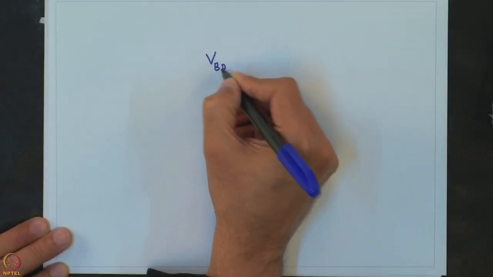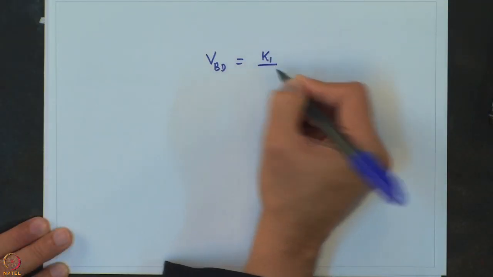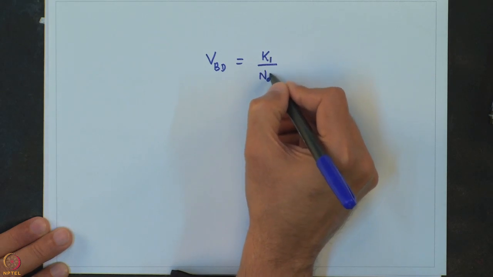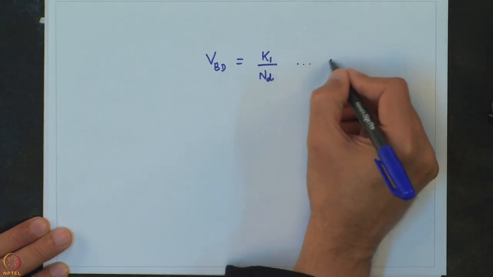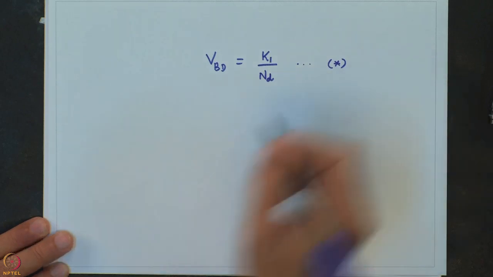Now, let us consider a special case where the P side of the PN junction is more heavily doped compared to the N side, which means that NA is much larger than ND. We can show that VBD will turn out to be some constant divided by ND. Let us call this equation star.